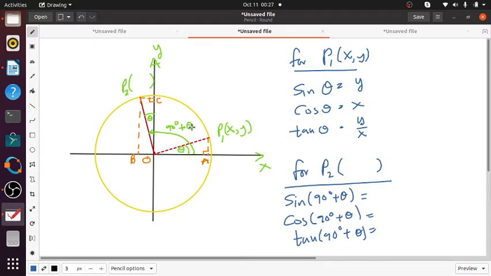Since we are going to tackle this problem using angles with respect to the y-axis, I'm going to construct a right angle triangle here.